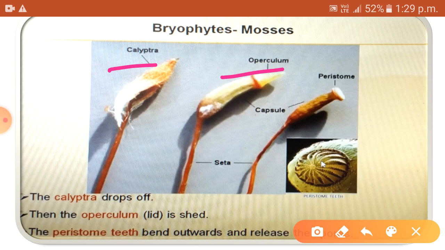At this stage, you can see a ring of teeth surrounding the opening of the capsule called peristome. The peristome plays a role in regulating spore discharge. The peristome teeth bend outwards and spores fall out of the capsule. The released spores are then carried away by the air currents.